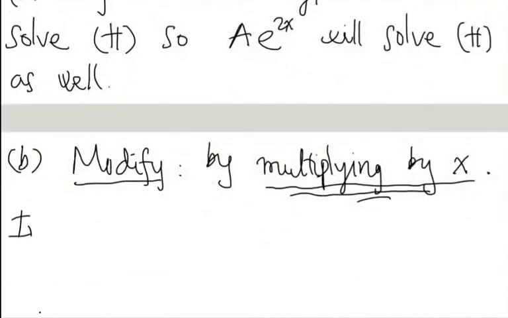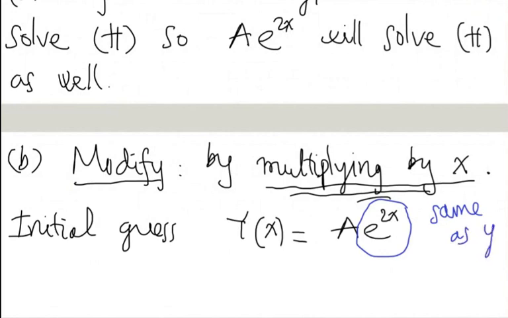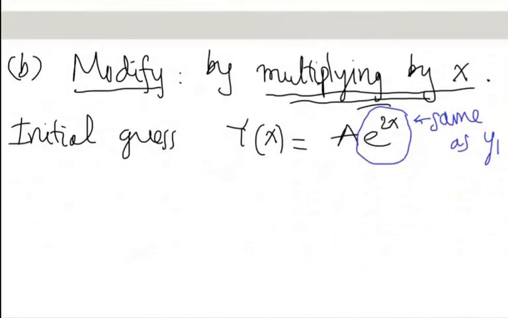So let me recall, this is the initial guess. For this problem, capital Y is A e to the 2x. And let me just remind you again, e to the 2x here is the same as y1. Now, if it is not the same as y1 or y2, then the guess will work.